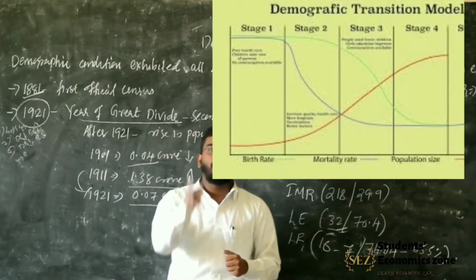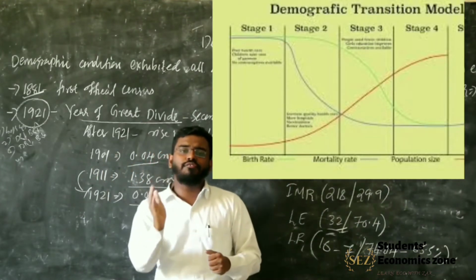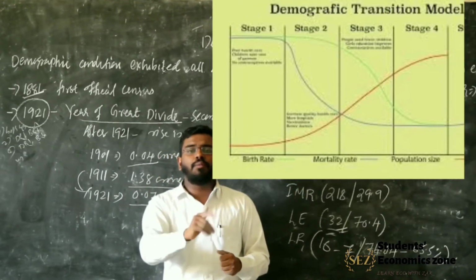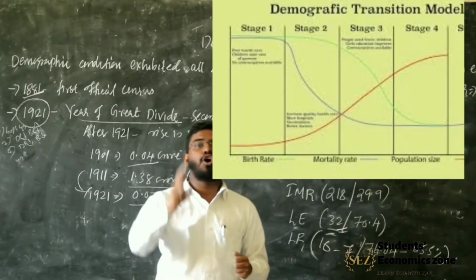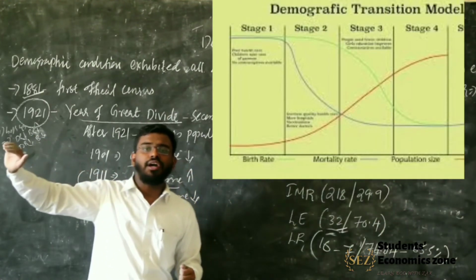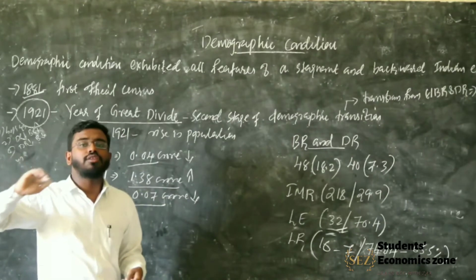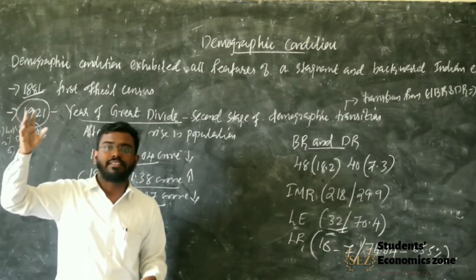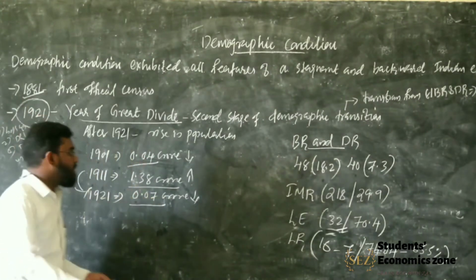So from 1921 onwards, the Indian economy entered the second stage of demographic transition. Before 1921, our population growth rate was not consistent. This data shows that.